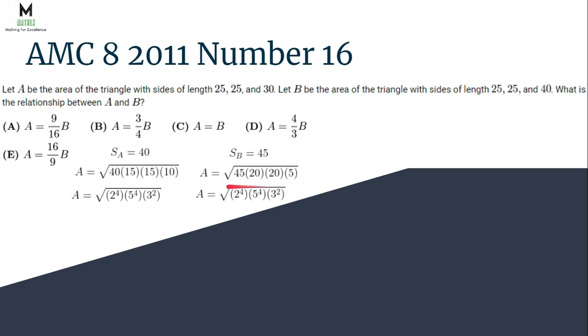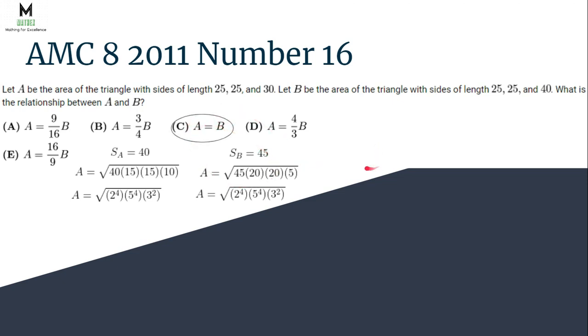The prime factorizations of these two computations are the exact same, meaning that the areas of these triangles are also the exact same. So in the end, we didn't even need to calculate our answer. We just needed to express it in Heron's formula and take the prime factorizations. And then we got that the areas of these two triangles are the same. So the relationship between triangles A and B is that A equals B.